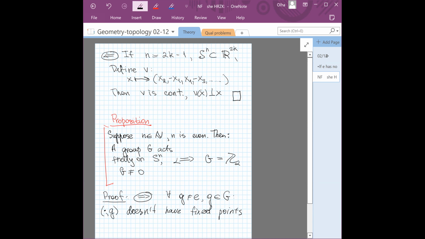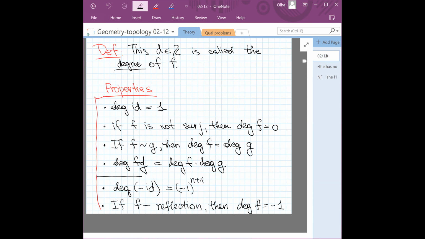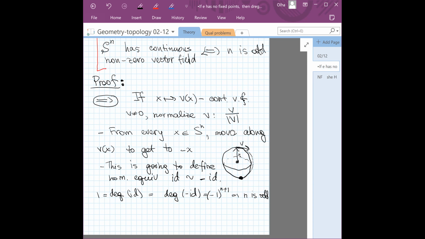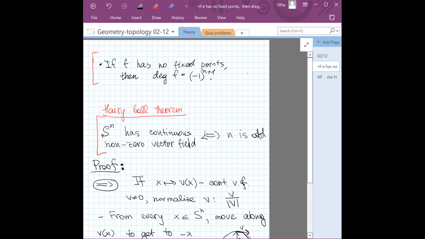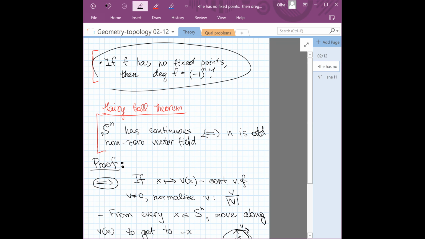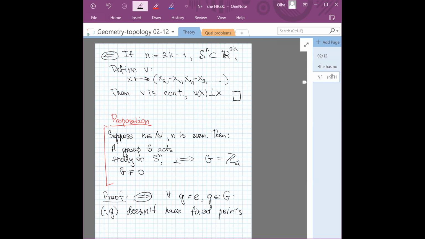And that's the point where we could use one of our properties, specifically this one, the last one. Since the action of g doesn't have fixed points, it means that the degree of the corresponding map is going to be -1.